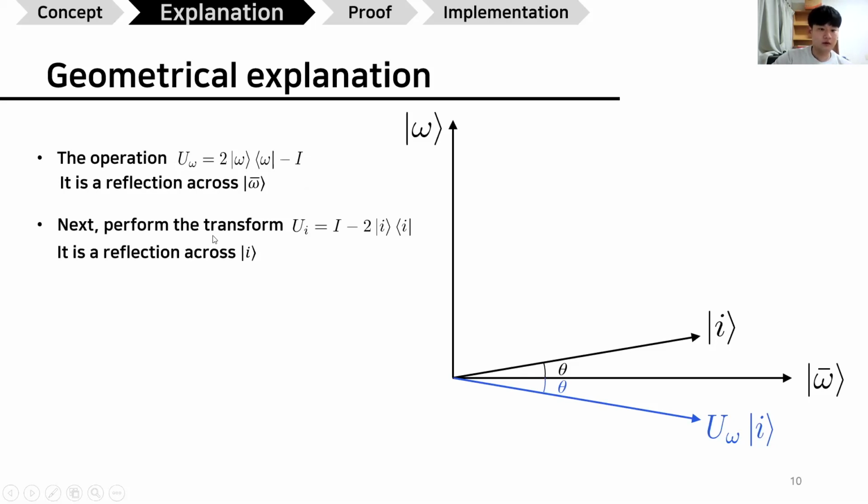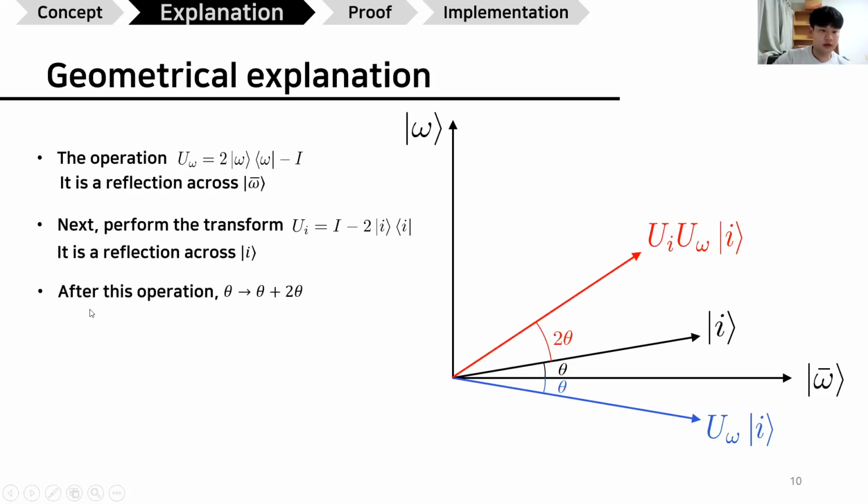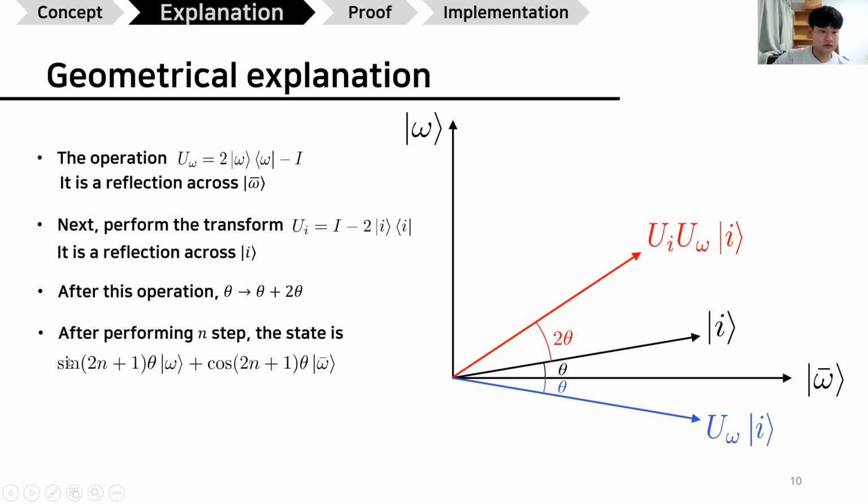Next, we can perform the transformation Ui equals I minus 2 I ket I bra. This is the same, a reflection across I. So as a result, after this operation, theta is transformed to theta plus 2 theta. So after performing n steps, the state will be sine (2n plus 1) theta and cosine (2n plus 1) theta.